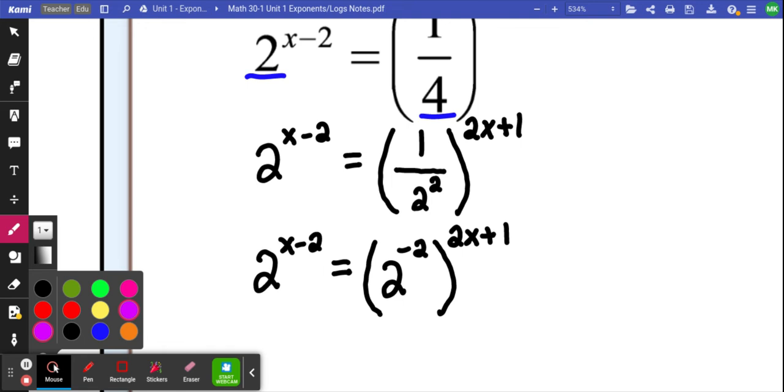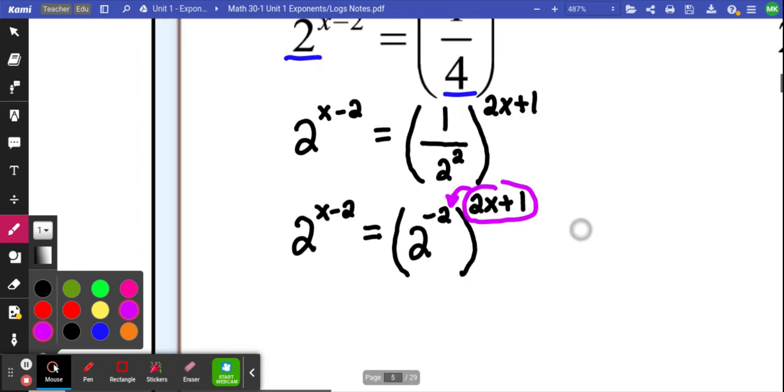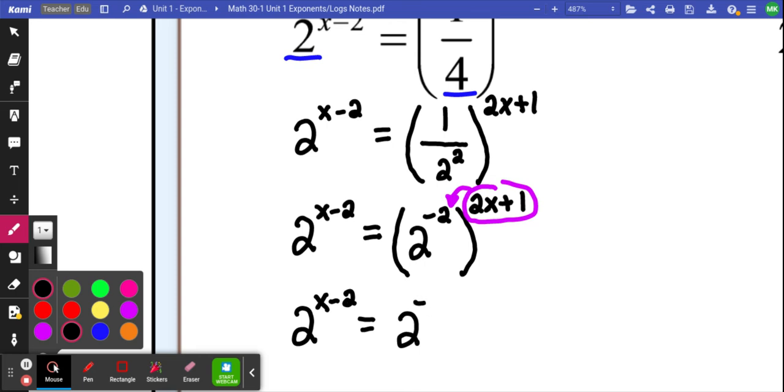I have an exponent of an exponent, so use that rule, multiply that in, and I now have 2 to the power of x minus 2 equals 2 to the power of negative 4x minus 2. Oh, sorry, negative 2.